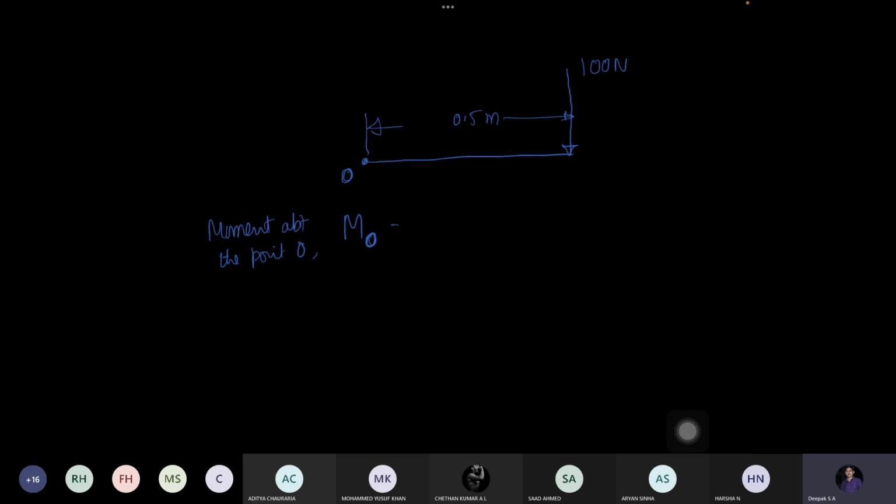F into R, force into perpendicular distance. What is the force here? 100 Newton. What is the perpendicular distance? 0.5 meter. So totally it will be 50 Newton meter.